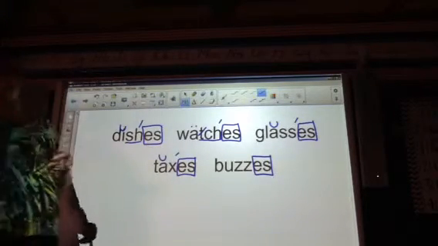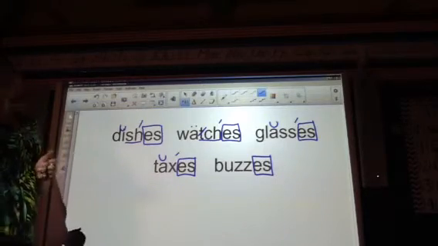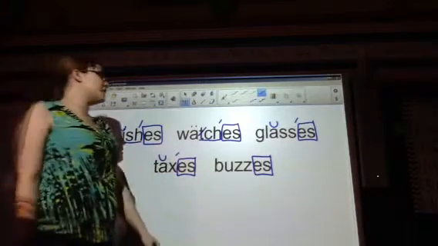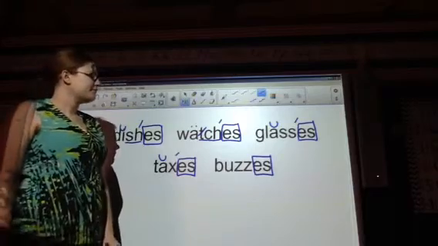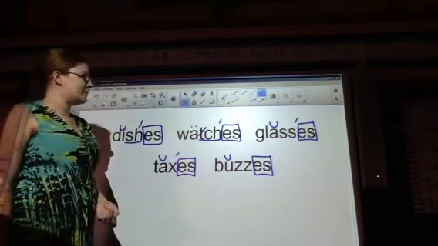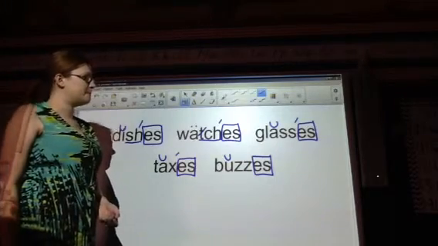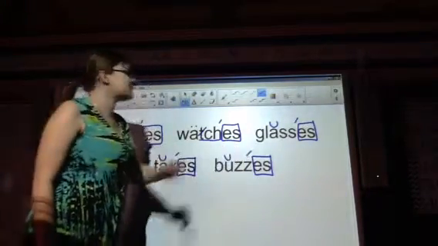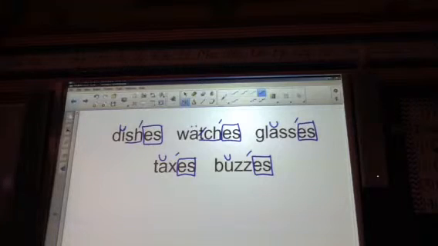What is that? Glasses. Jaden, help me with this one. Put a breve above the A. And put an accent on the root word. What's that word, Jaden? Taxes. Marcus, help me with this last one. Put a breve over the U. Put an accent. Where? On the root word. What's that word? Buzzes. Very good.